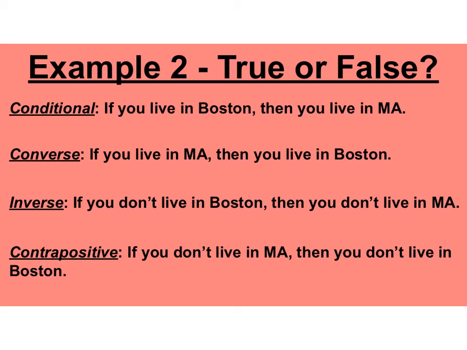Remember, the converse switches it. If you live in Massachusetts, then you live in Boston. Is that true or false? Well, that's going to be false. And as soon as there's one thing that can prove it wrong, you have to consider it false. And now you have to give me a counterexample. Well, I could live in Hopkinton and then still live in Massachusetts.